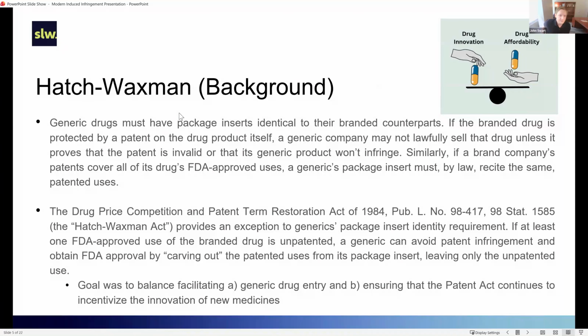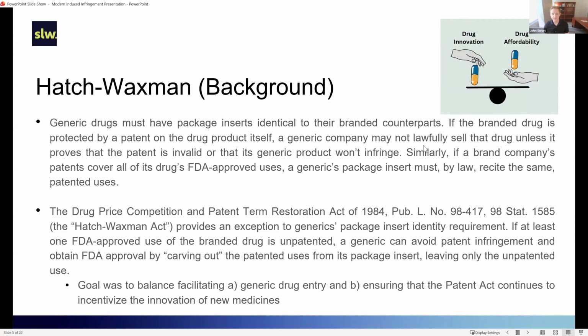For some background on how this integrates with patent law, generic drugs must have package inserts that are identical to their branded counterparts. This is generally facilitated and required by the FDA.